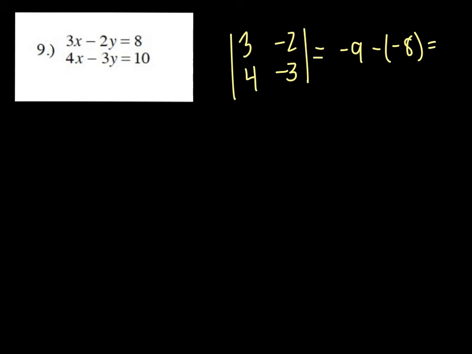So the determinant of that is going to be 3 times -3, which is -9, minus 4 times -2, which is -8, so -9 minus negative becomes plus. So -9 plus 8 is -1. So that is our determinant. So now we need to find x and y.